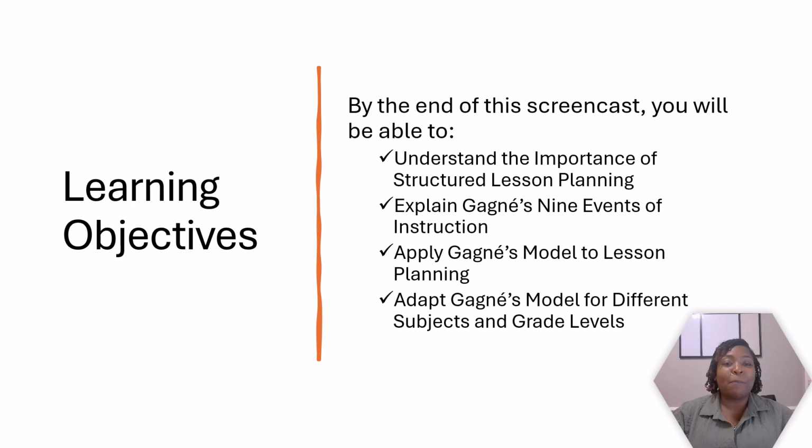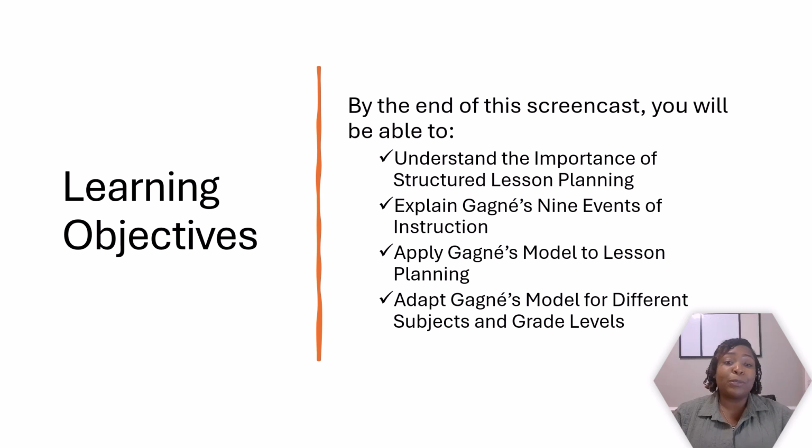As I mentioned, by the end of this screencast, you'll be able to understand the importance of structured lesson planning and really explore how lesson organization impacts student learning. We'll also discuss and explain Gagne's 9 events of instruction, a step by step breakdown of the model.